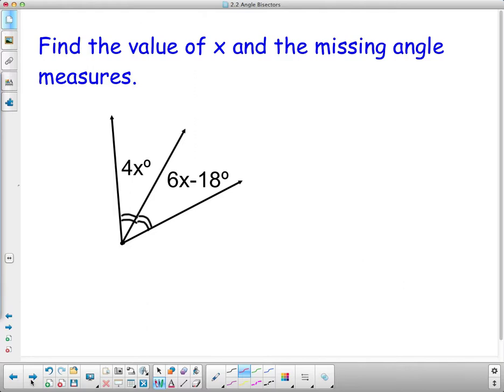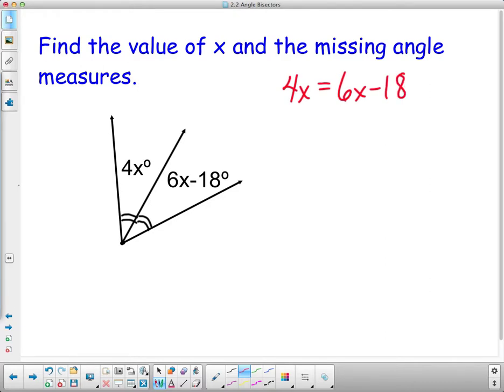This one's maybe not as easy as the last two because I don't have a number in there for you. But think, what did you do? What was the relationship? You needed to make those two small angles equal, right? So you need to make 4x equal the 6x minus 18.